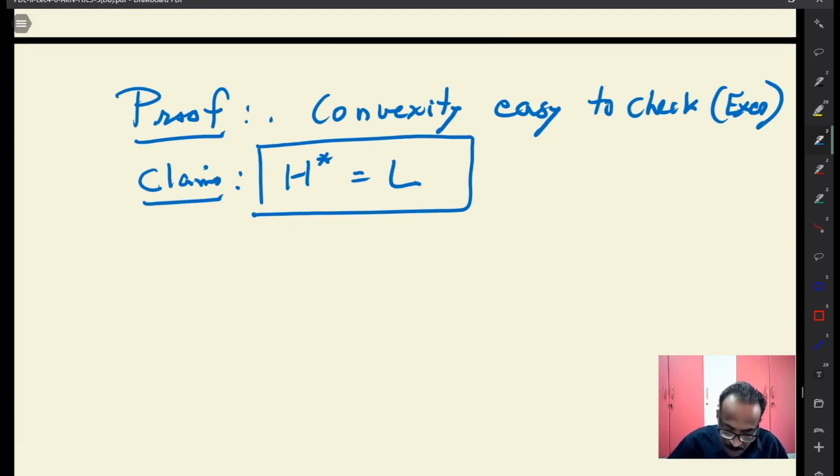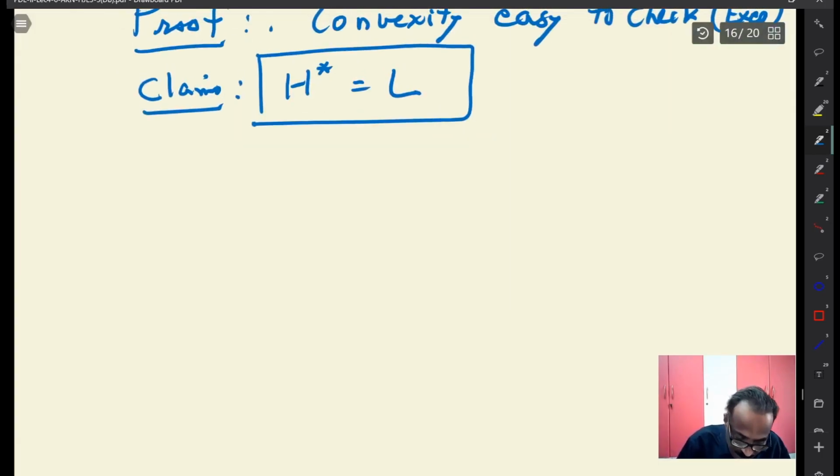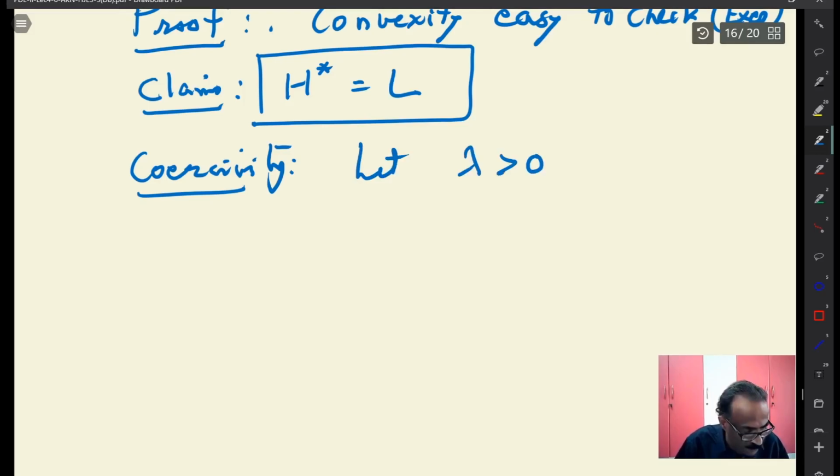So before that, let me first do the coercivity, which I will prove here. Take lambda greater than 0.